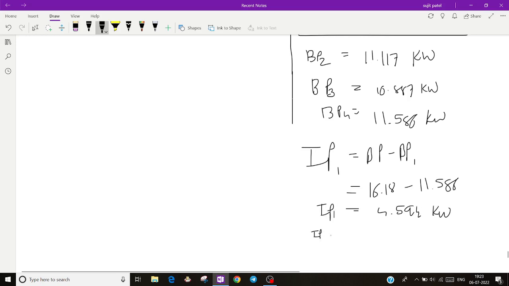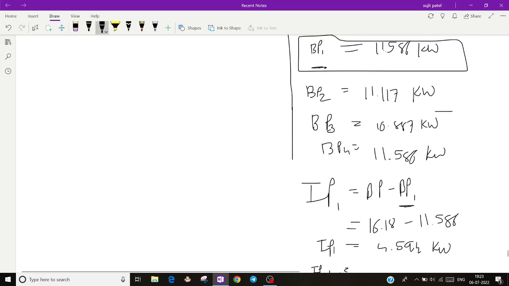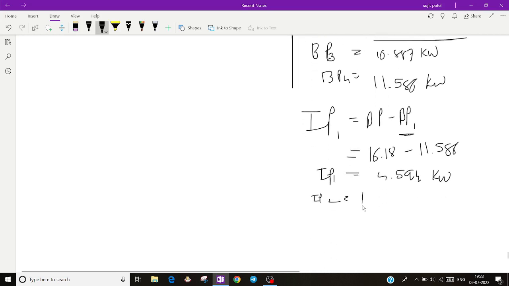Similarly, IP2, indicated power when second cylinder is off, the same thing, 16.18 minus 11.117, so you will get 5.063 kilowatt.